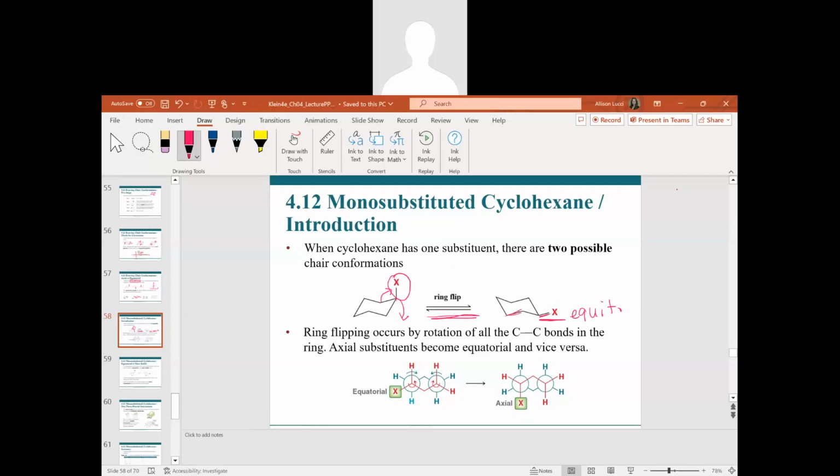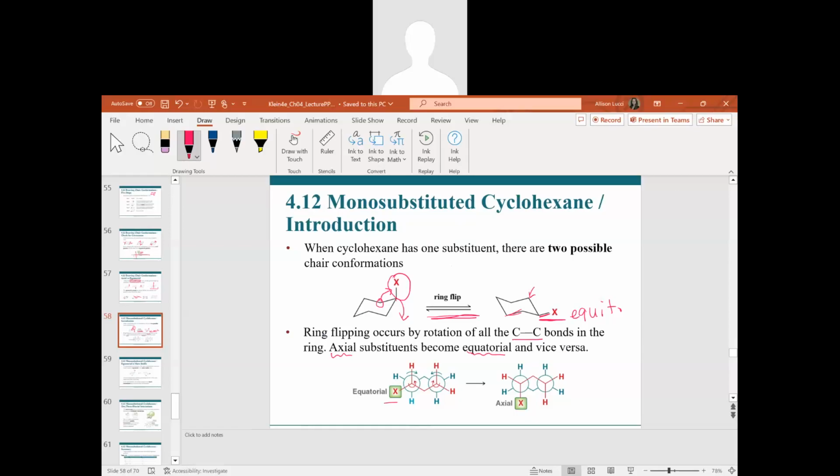And then we see that this second carbon that I pointed out that flipped is now up here in our ring. So this ring flip occurs with our chair conformations, and this would be by rotating carbon-carbon single bonds within the ring. And as noted, all the axial substituents would become equatorial and vice versa.